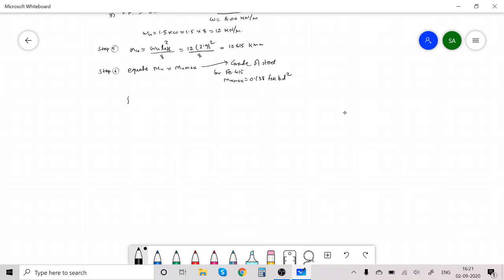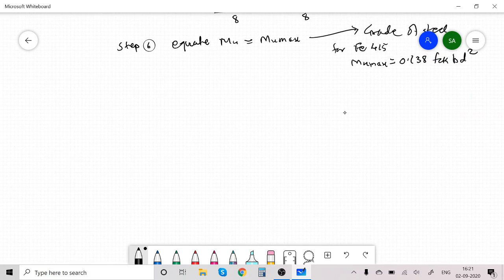So Mu is 12.615 into 10 raised to 6 is equal to 0.138 FCK BD square. Here FCK is 20 because the grade of concrete is 20. B is 1000 mm. Remember, slab is a beam of width 1 meter, and this is D required.